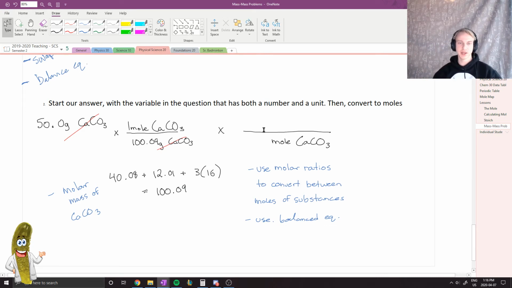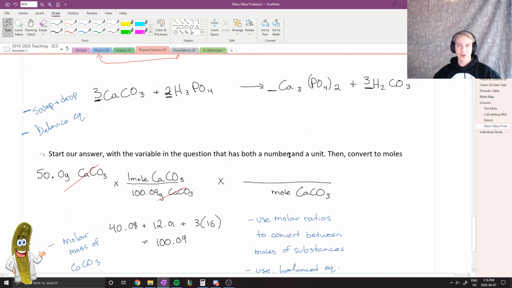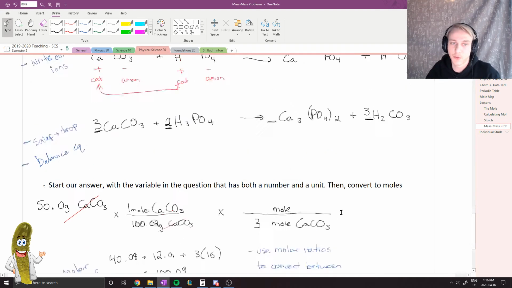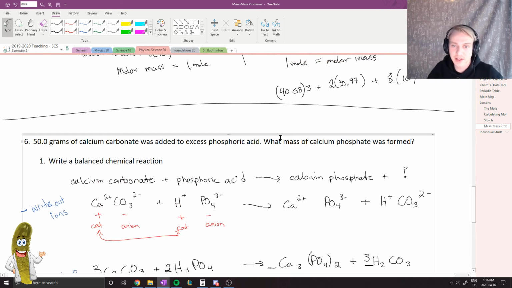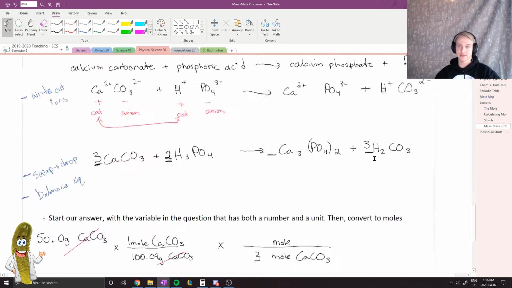And so what I would do then is I would scroll up here, look at my balanced equation and say, I know that based on this question, there are 3 moles of CaCO3 that are required. The next step that we'll want to take is to go into moles of whatever the question is asking us for. So the question asked us what mass of calcium phosphate was formed.